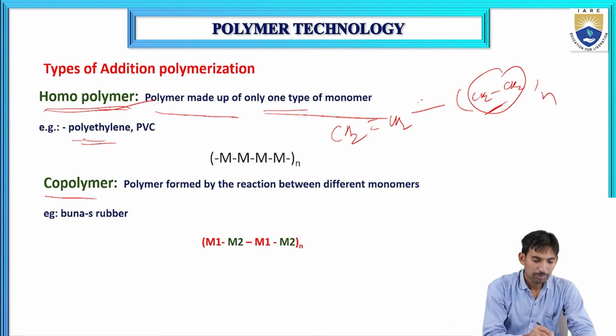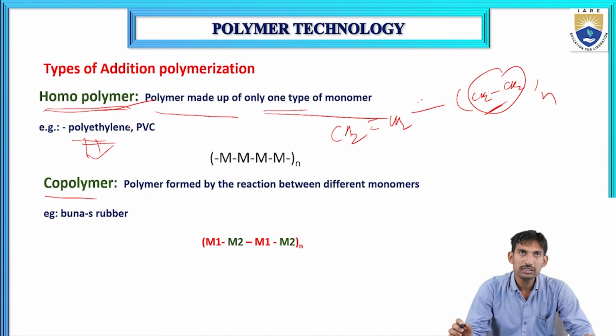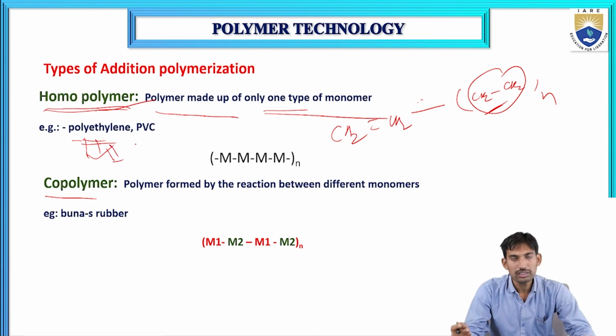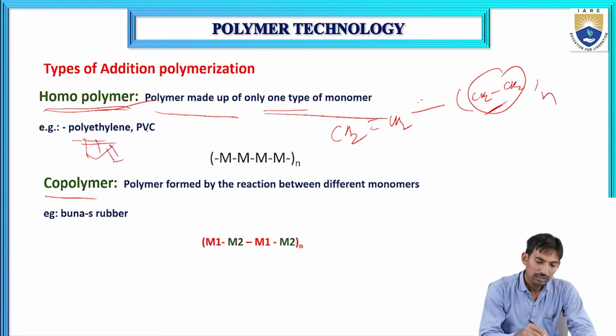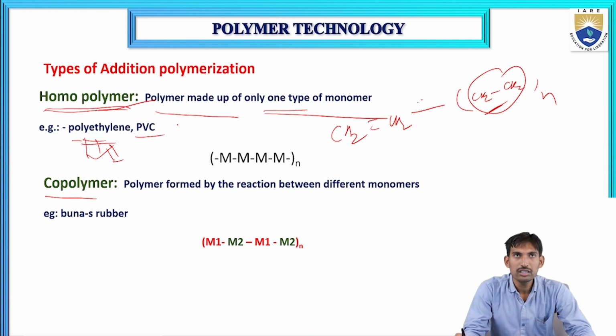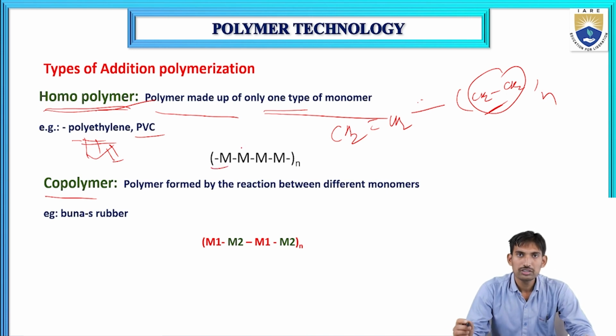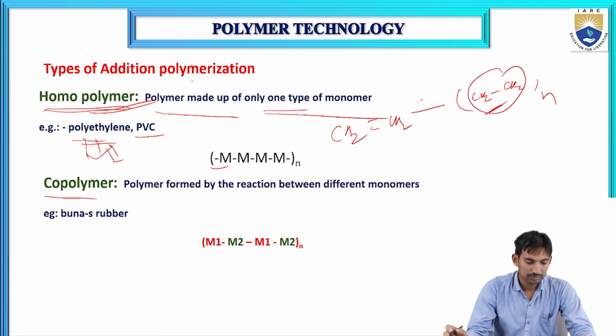In polyvinyl chloride, the monomer is vinyl chloride, which repeats several times. Only one monomer repeats several times.